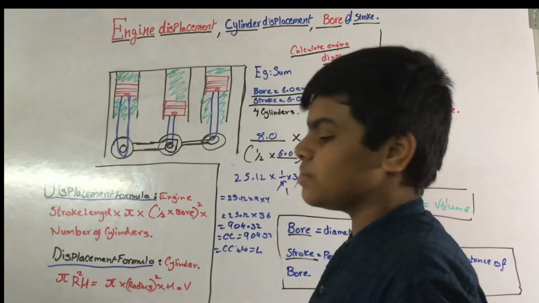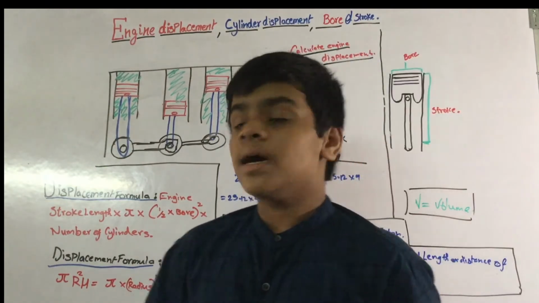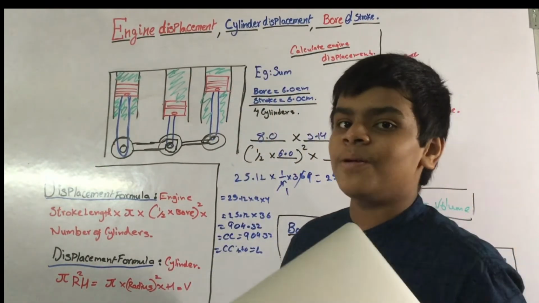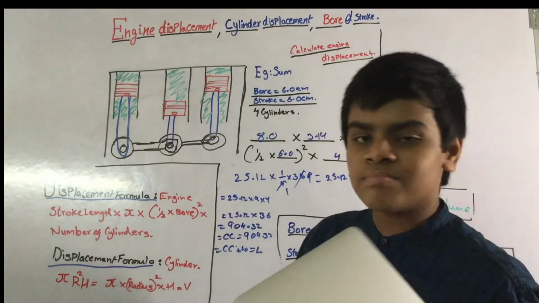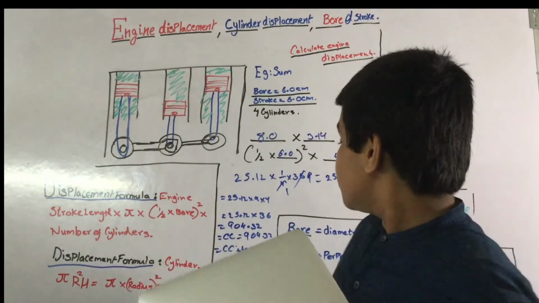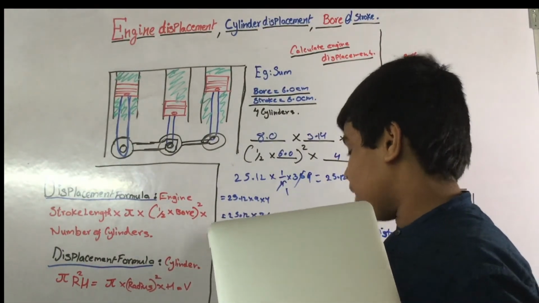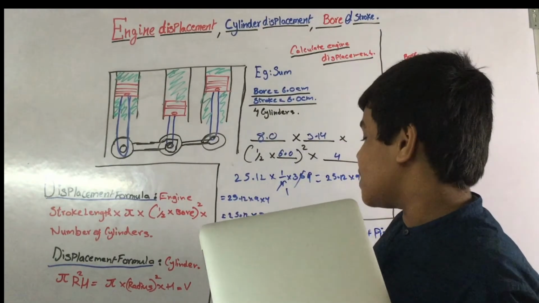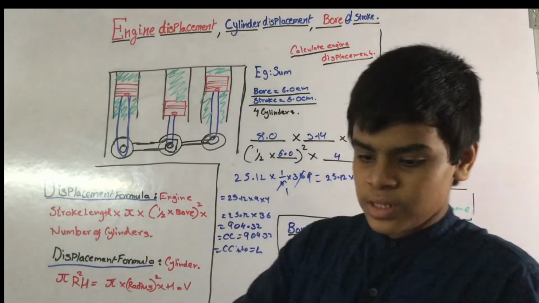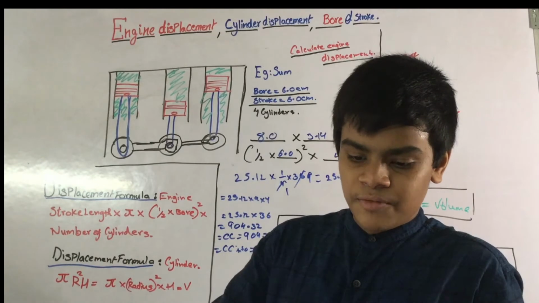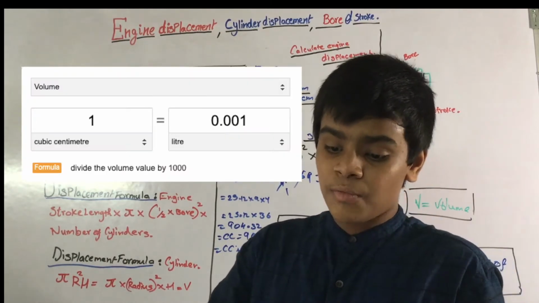For calculating that, guys, I took my laptop to convert CC into liters. So we got the CC equal to 904.32, and you want to convert CC into liters. The formula is to divide the value by 1000.